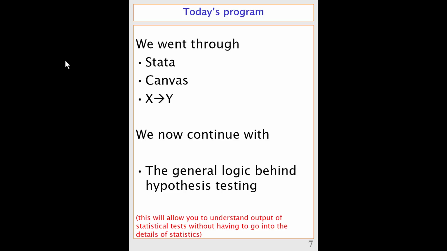Okay, so all this we had already, Stata and the tutorial on Canvas, and it's all about how two sets of variables are related or are not related. And we need a little bit about the general logic behind hypothesis testing. This is not in any of the chapters explicitly, so this is sort of assumed between the lines or between the chapters that you more or less know what that is.